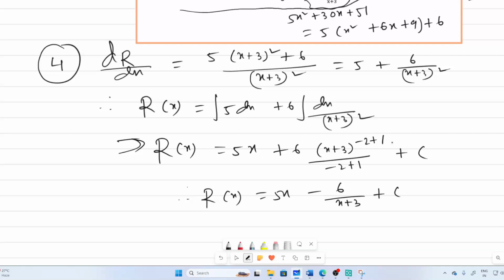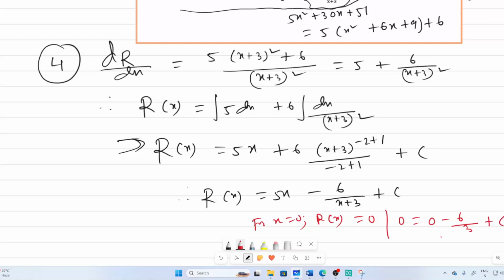Now, there is no revenue when there is no input, isn't it? So for x equal to 0, R(x) equal to 0, use this condition. Now for x equal to 0, R(x) equal to 0. So 0 equal to 0 minus 6 by 3 plus c. So the value of c is equal to 2.